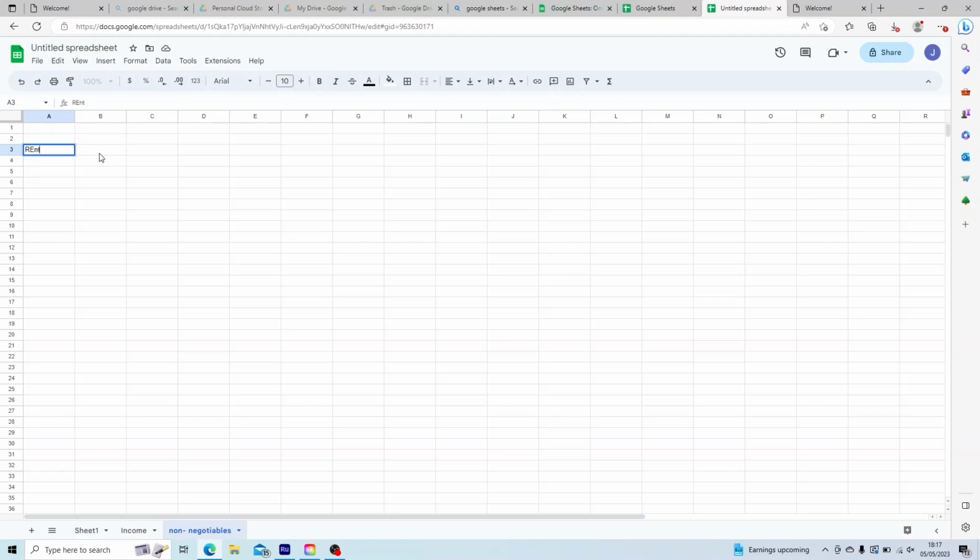So what I'm doing here is making a list of all the different bills that I think I'd need to pay, ones that I definitely have to pay. Rent, council tax, utility bills.